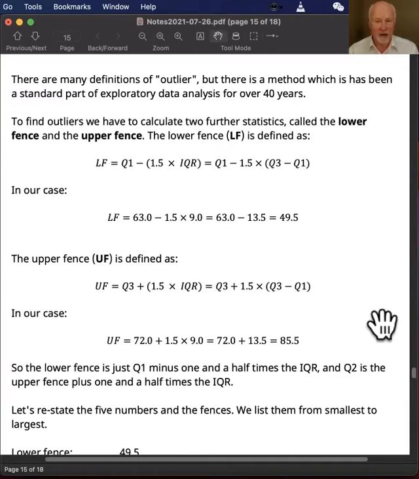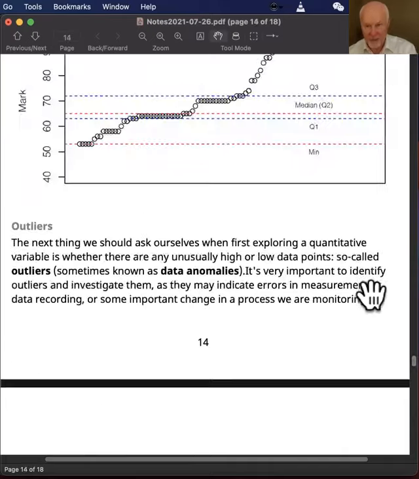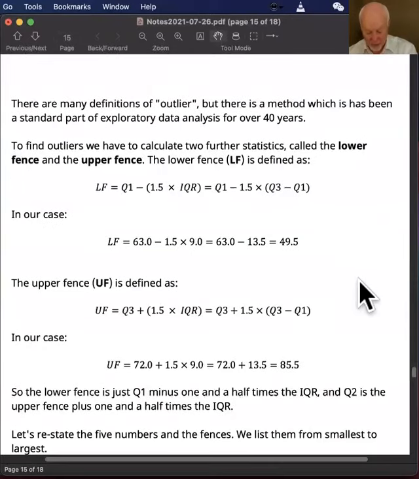In the case of our marks data, that was 9. We multiply that by 1.5 and we subtract that from Q1. In our case, that gives us a lower fence of 49.5.